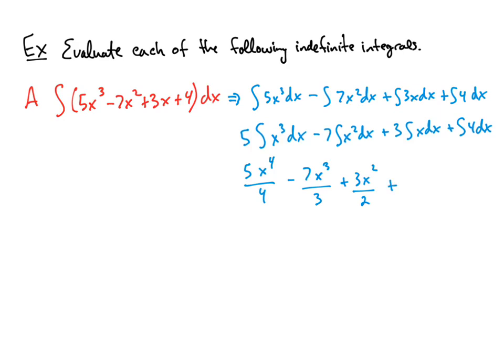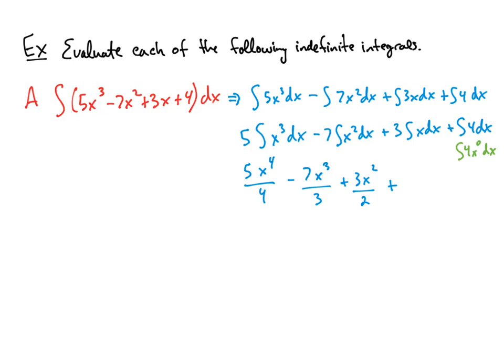And then here when we just have a constant, right now there's no x variable there, but you can think of it as x getting raised to the 0 power. So this is kind of like 4x to the 0 power dx, right? x to the 0 is just 1.